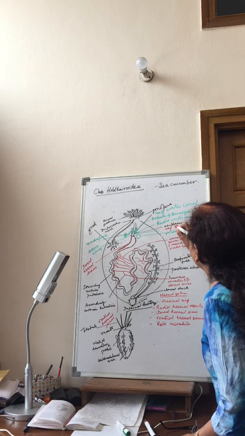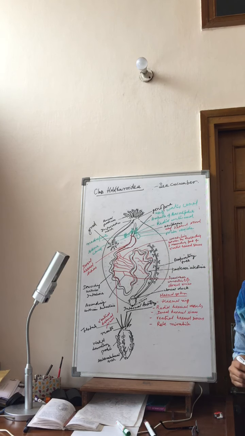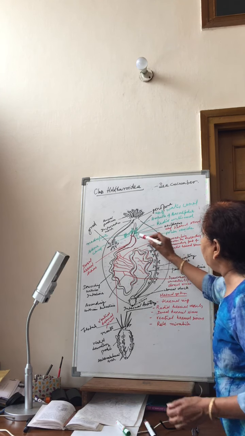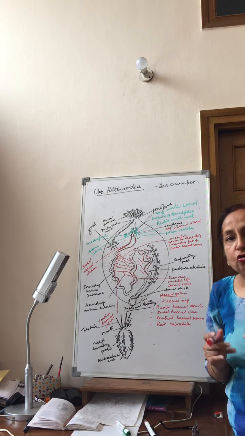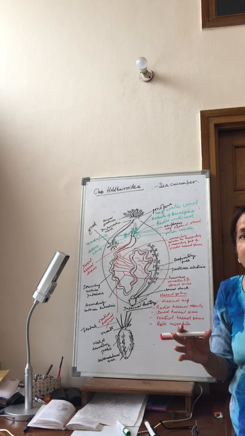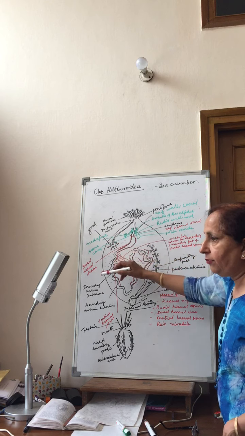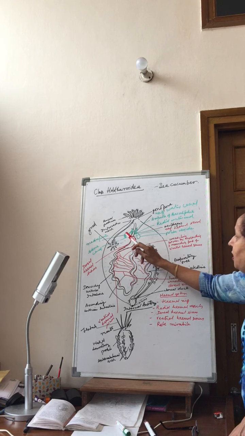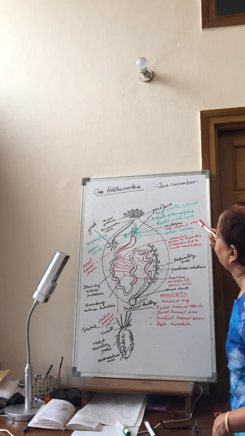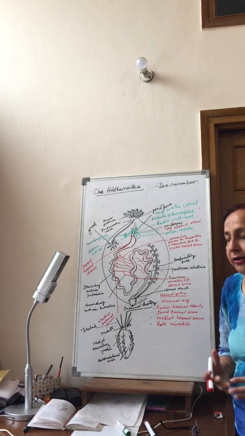The ring hemal vessel is present around the esophagus, below the ring water canal, and it gives out 5 radial hemal vessels along the ambulacra, below the radial water canals. It gives out radial hemal vessels in the ambulacral region of the animal.